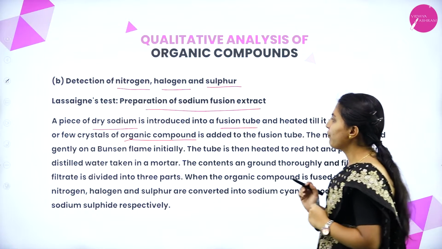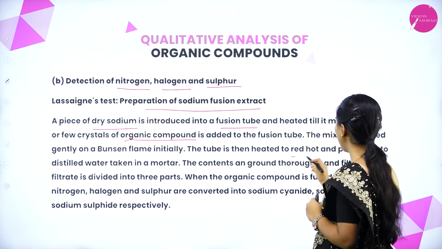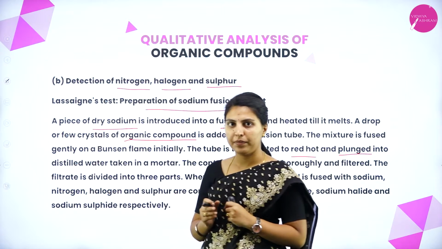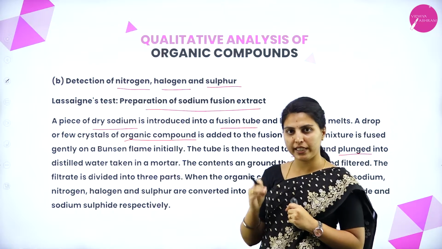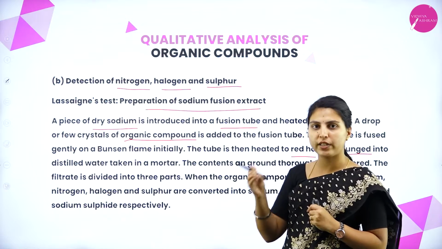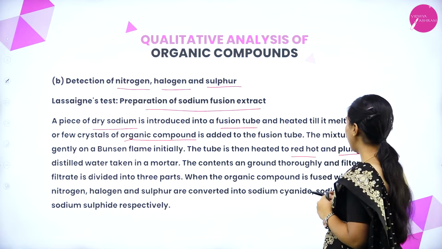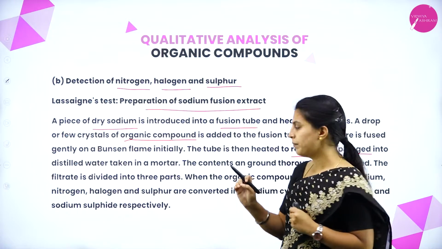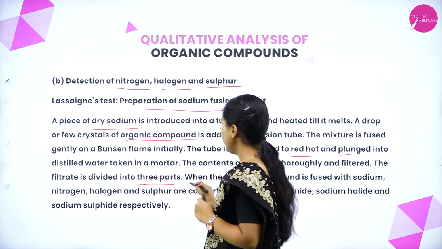The mixture is fused gently on a Bunsen flame initially. The tube is then heated to red hot and plunged into distilled water taken in a mortar. You know the mortar and pestle; a little distilled water should be in the mortar. After the fusion tube with organic compound and dry sodium is heated completely, put it into the mortar. The contents are ground thoroughly and filtered. The filtrate is divided into three parts.